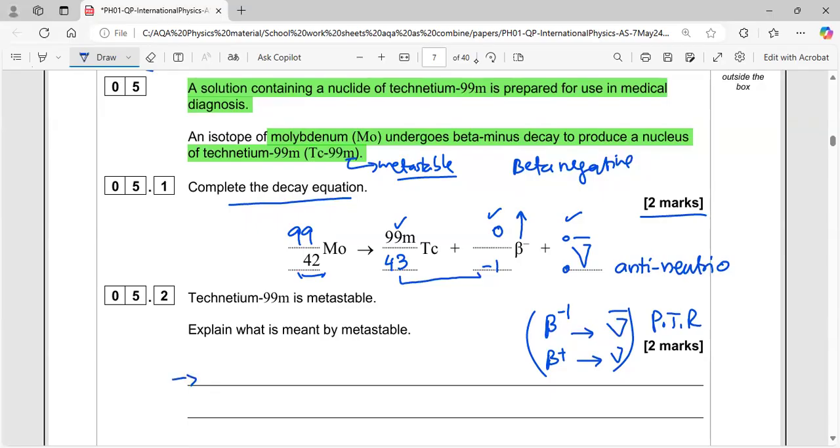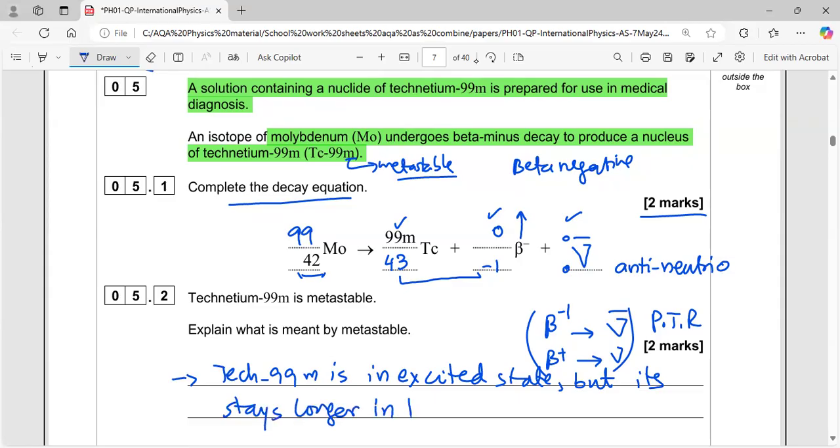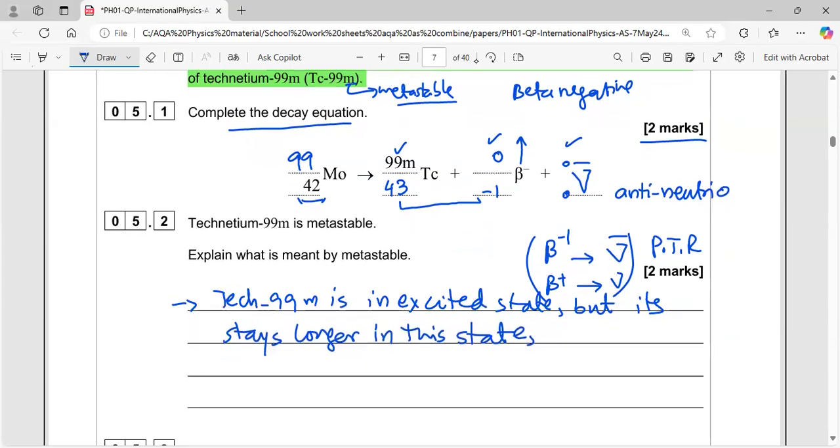So we can say here that technetium-99m is in an excited state, but it stays longer in this state. Usually that doesn't happen. The nucleus stays in an excited state for a very short time before going to a stable state.